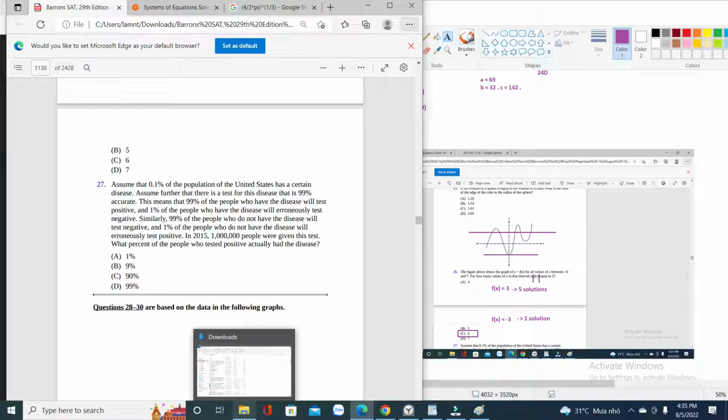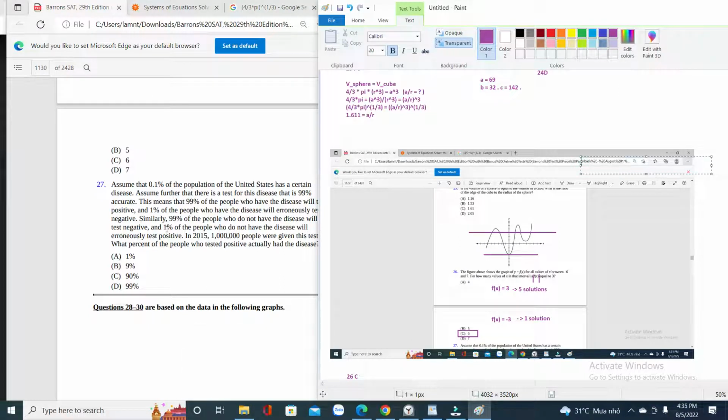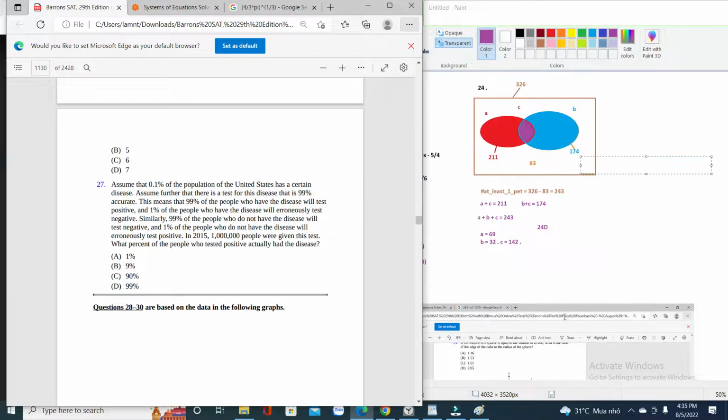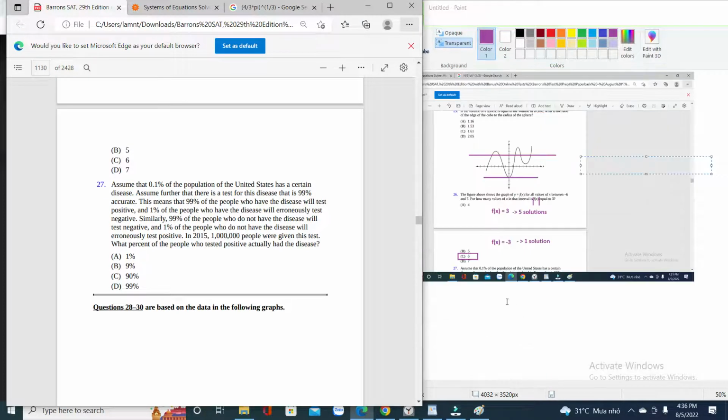And similarly, 99% of the people who do not have the disease will test negative, and 1% of those who do not have the disease will test positive. Okay, so 1 million people were given this test in 2015. So what percent of the people who test positive actually have the disease? Okay, it's quite hard because there are a lot of statistics there, right? There's a lot of statistics in this scenario. So let's have a look.